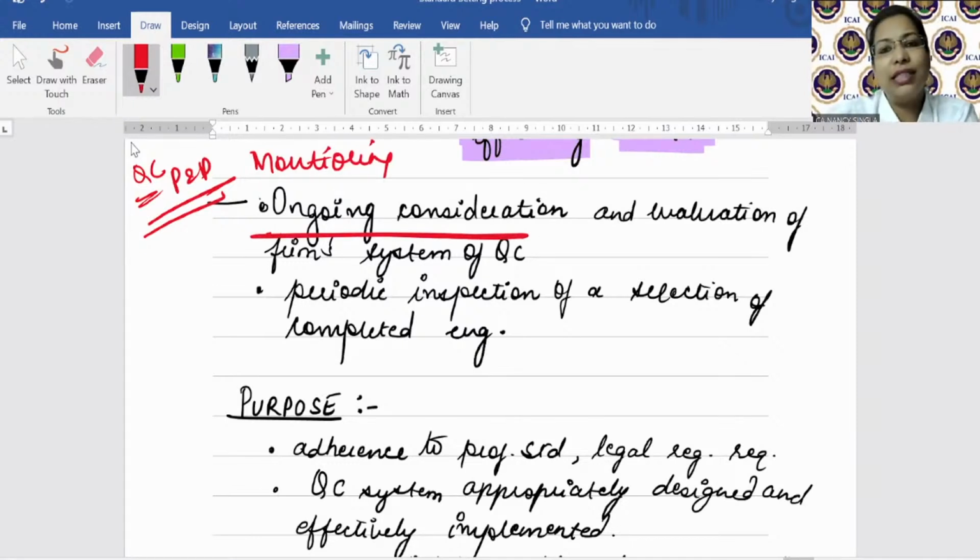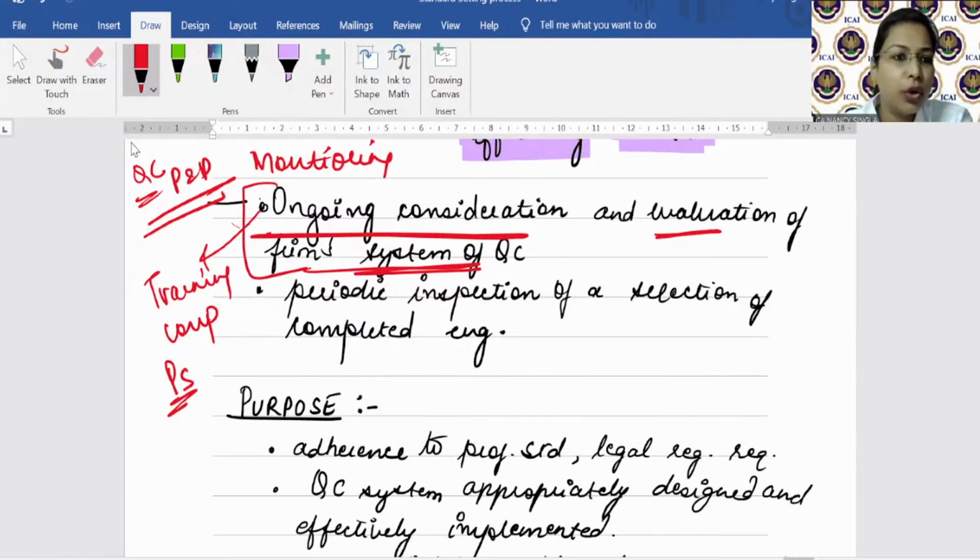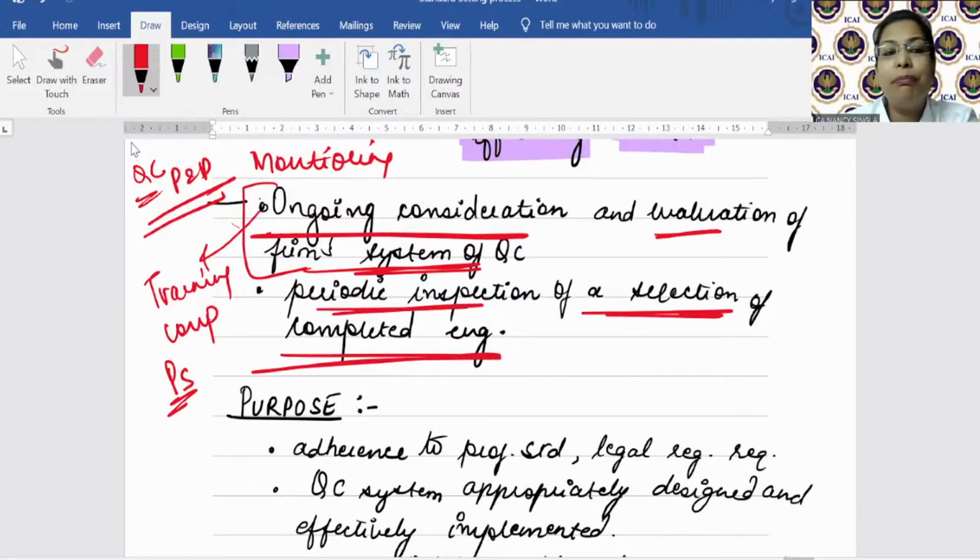एक तो आप ongoing consideration, that is as and when the work is going on, you are checking it then and there, है ना, कि अच्छा ऐसे ट्रेनिंग हो रही है ना, कॉम्पेंसेशन ऐसे जा रहा है ना, प्रोफेशनल स्टैंडर्ड्स फॉलो हो रहे हैं ना, ongoing consideration and evaluation of firm system of quality control. One can be this ongoing, है ना, जो side by side you are doing it. And periodic inspection of selection of completed engagement.